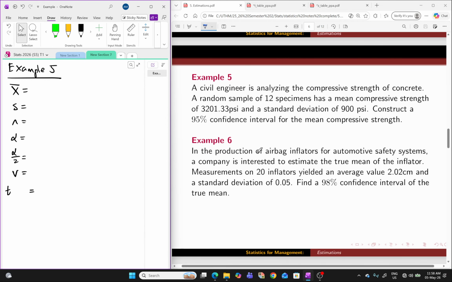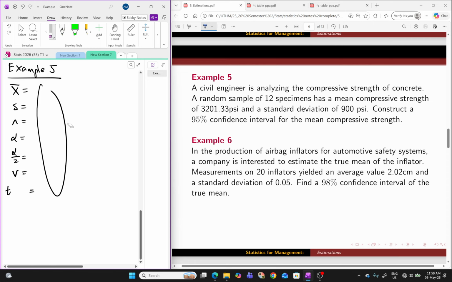Okay, you guys have to pass up this to me. Example 5, fill up this one first for me. Read the question. Example 5, semua ni isi dulu. Yang ini semua.